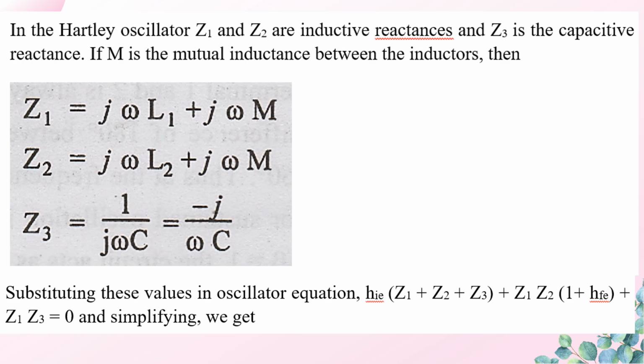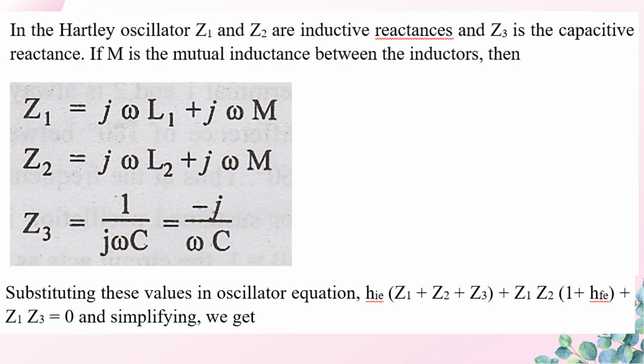So when we write its equivalent impedances, Z1 is equal to j omega L1 plus j omega M, and Z2 is equal to j omega L2 plus j omega M, and Z3 is equal to 1 by j omega C, where 1 by j can be replaced by minus j, so that it is equal to minus j by omega C.